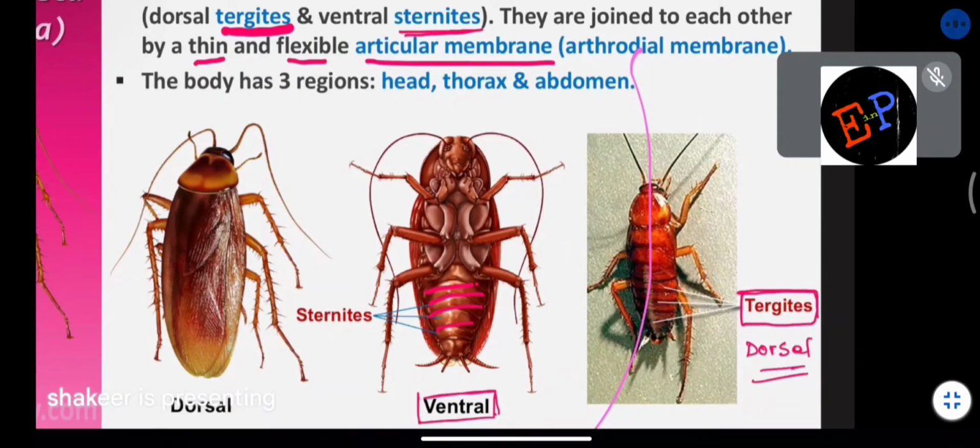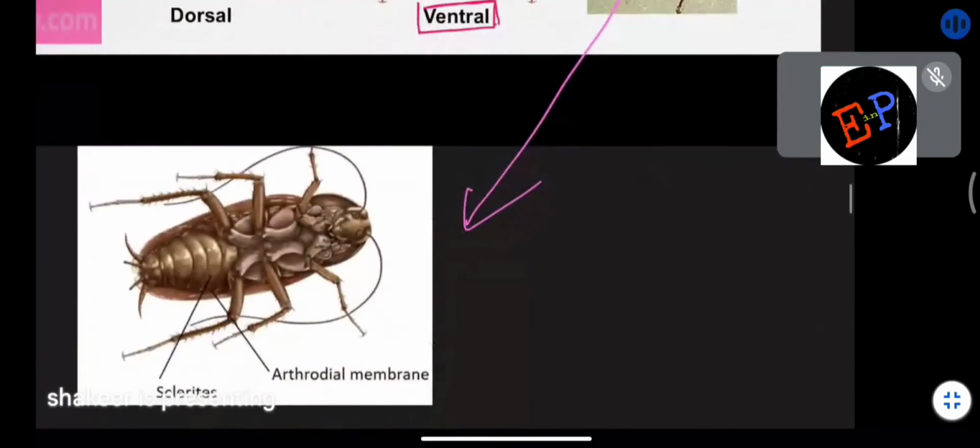But in the case of cockroach, legs are attached to the thorax only. Legs are not separated like ours. So basically the body can be divided into only three parts: head, which is joined to thorax, and thorax, which is joined to the abdomen. That's it.